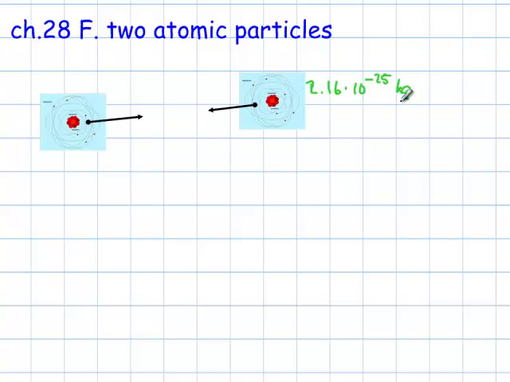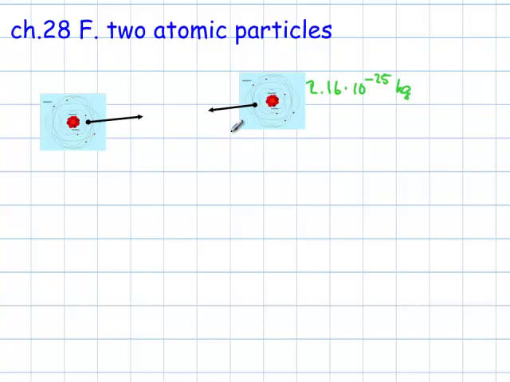When I compare that to the atomic mass unit, I would divide 2.16 times 10 to the negative 25 by 1.6605 times 10 to the negative 27, and that means I have an isotope with a mass number of 130. Then I compare it to the periodic table, and I'm in the neighborhood of iodine, xenon, cesium, somewhere around there, these kinds of elements. Not important for the problem, but I figured I might as well point that out.